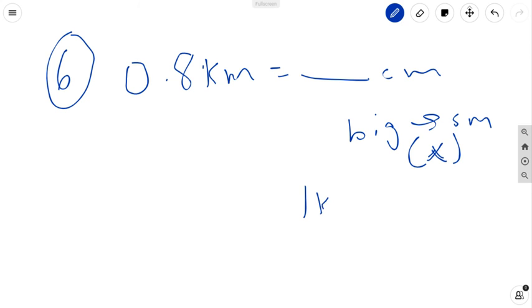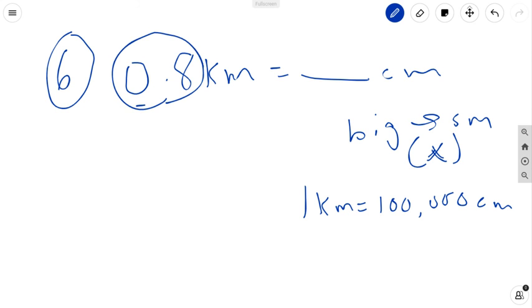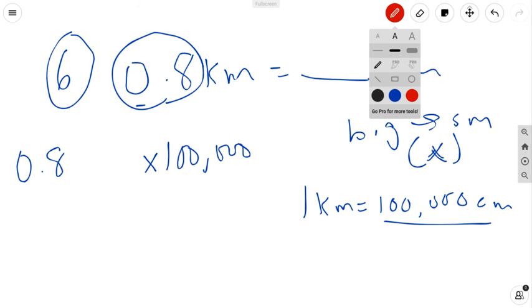Well, 1 kilometer, get this, equals 100,000 centimeters. So we're going to be multiplying 0.8 by 100,000. And I'm going to leave you some space because I think you know where I'm going with this. We're going to have to move the decimal. We're going to have to add some things on. They're called zeros.